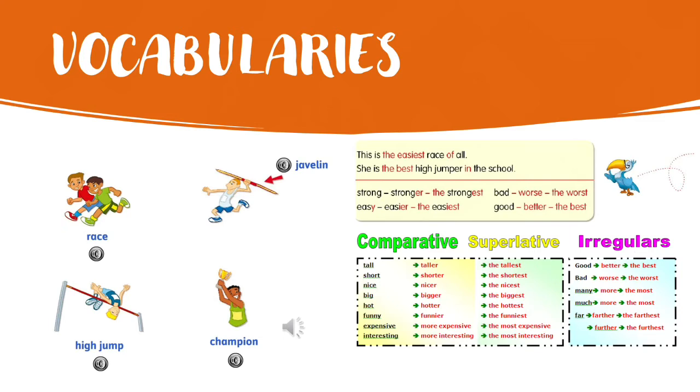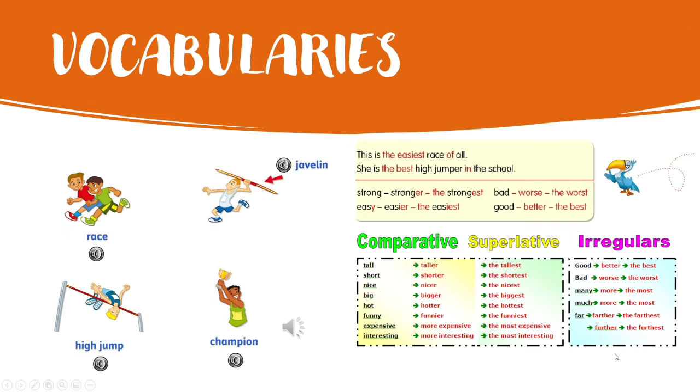Here, for example, we have the word good, better, best; bad, worse, worst; many, more, the most; much, more, the most; far, farther, the farthest, or far, further, the furthest.